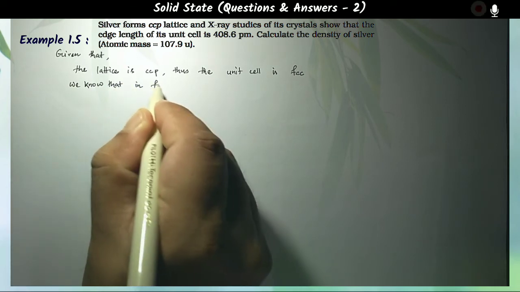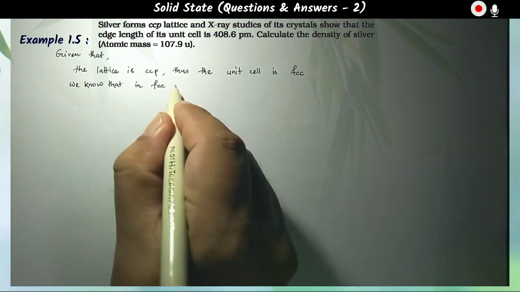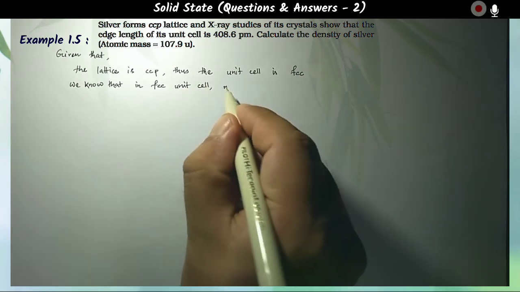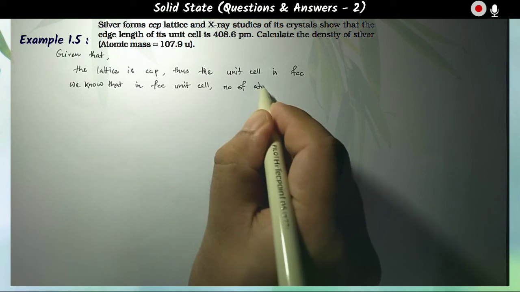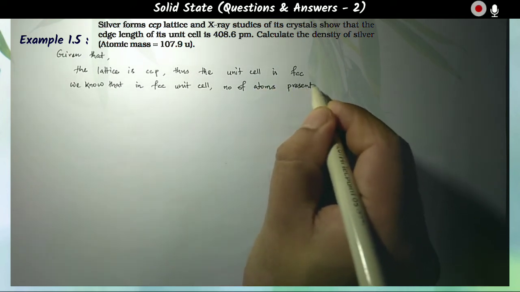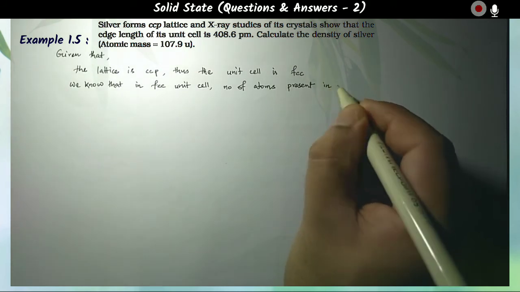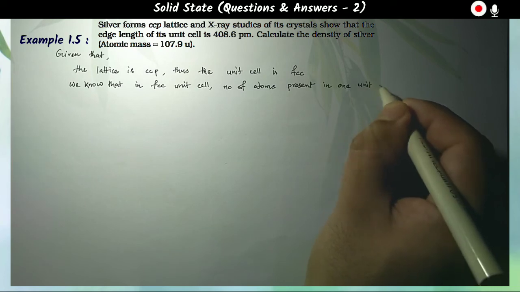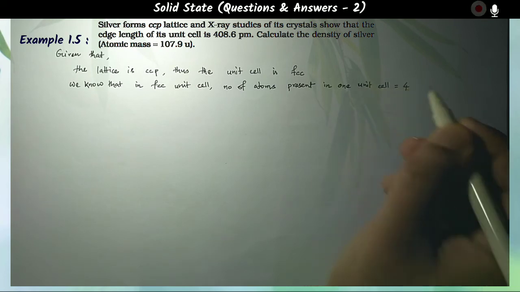We know that in an FCC lattice or FCC unit cell, the number of atoms present in one unit cell is equal to 4. We already know this.